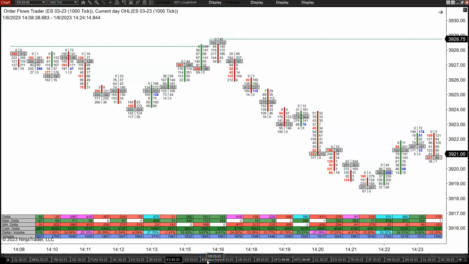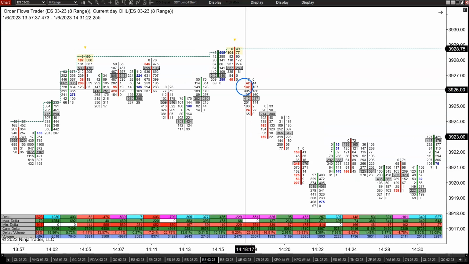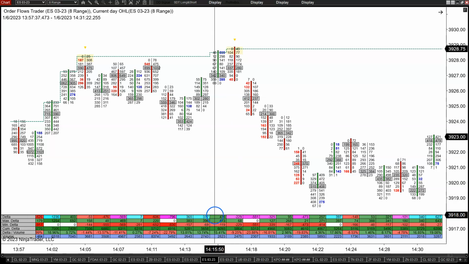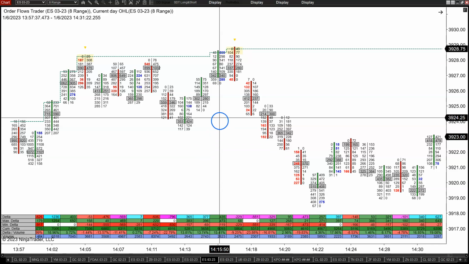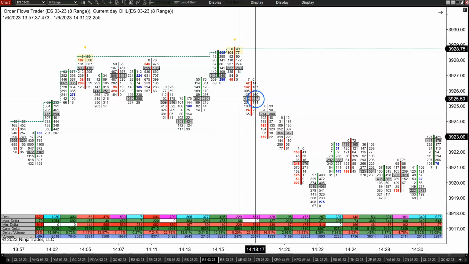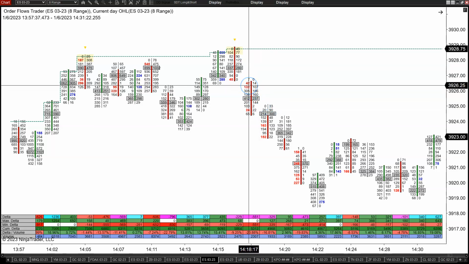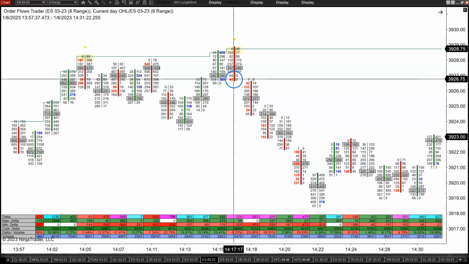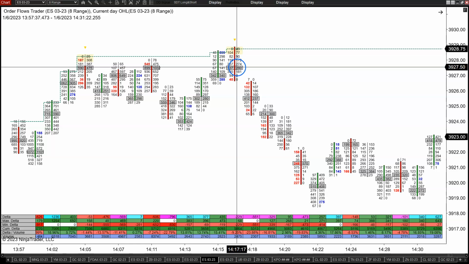Whereas on a range-based chart, what do I have? The delta is looking like it's increasing, 365, 377, 400. Then it's sharply negative, minus 229, minus 551. I don't have the stacked imbalance in one bar. Interestingly enough, it's split up between these two bars, and the point of control is somewhere in the middle.